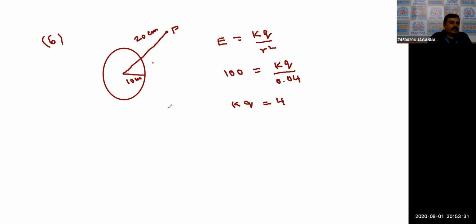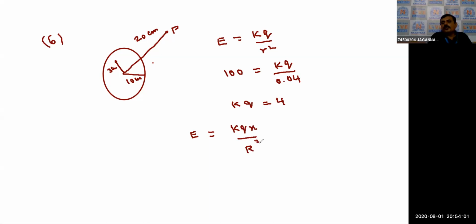Now he is asking what is the electric field at a point 3 centimeter away. The radius is 10 centimeter, so 3 centimeter means inside the sphere. So it is the electric field inside the solid sphere. The formula is KQx by R cube.